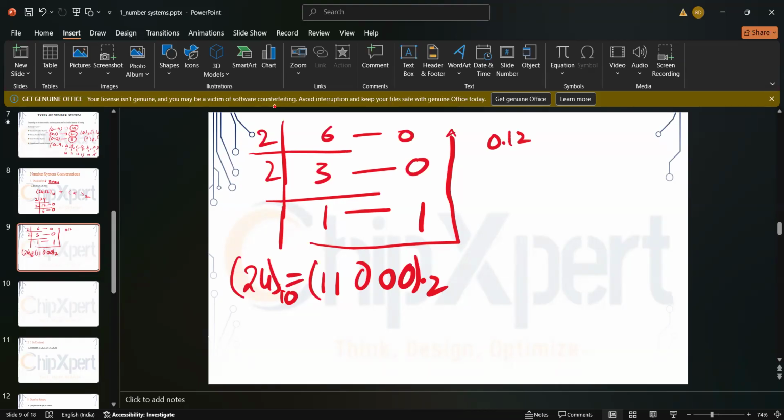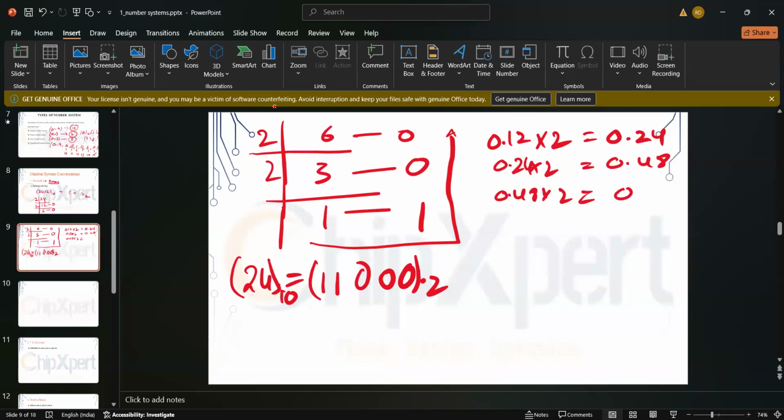For this, I am going to multiply this number by 2. 0.12 times 2 is 0.24, and 0.24 times 2 is 0.48, right? And 0.48 times 2 is 0.96, right? And 0.96 times 2 gives 1.92. Until I get a whole number rather than 0, I need to keep multiplying.